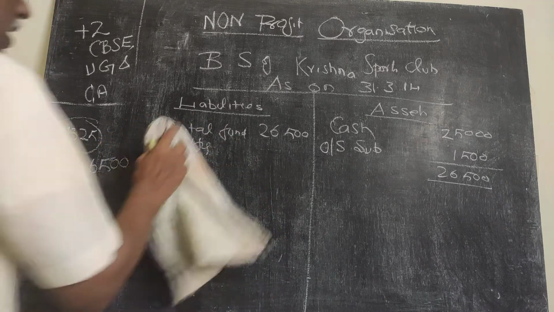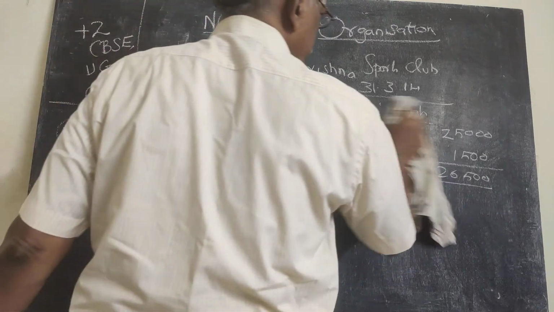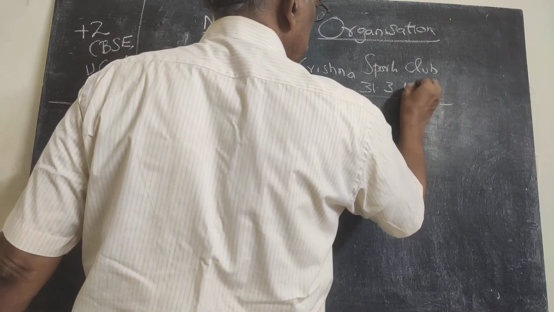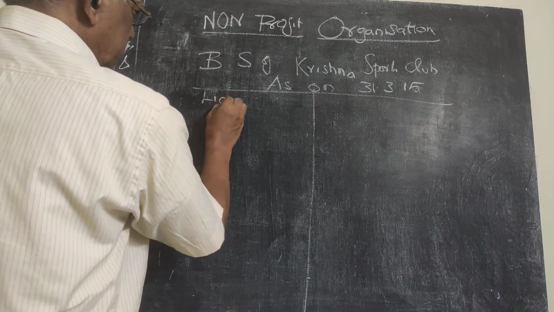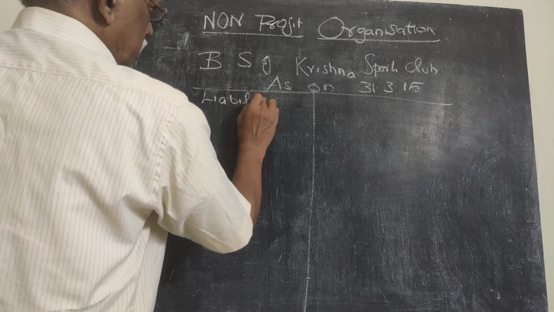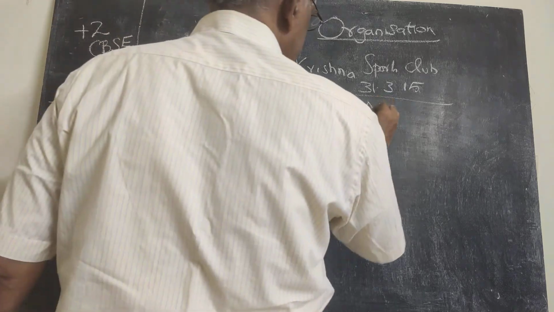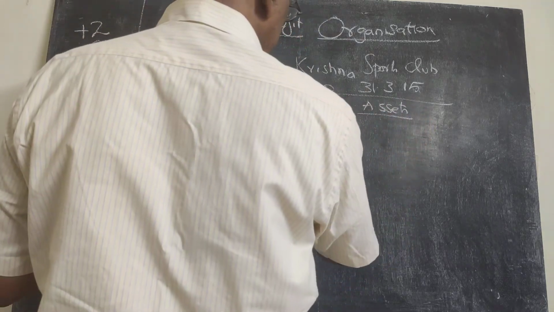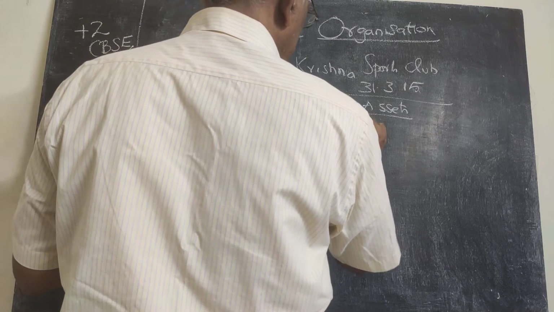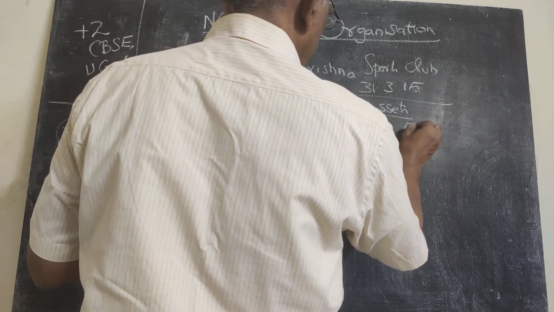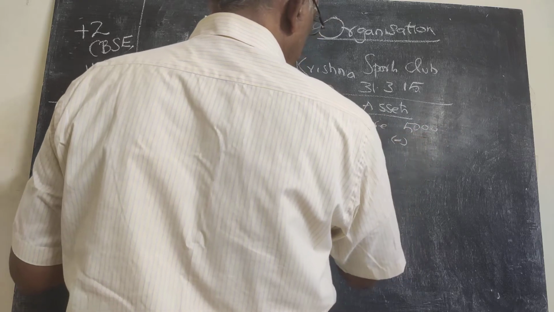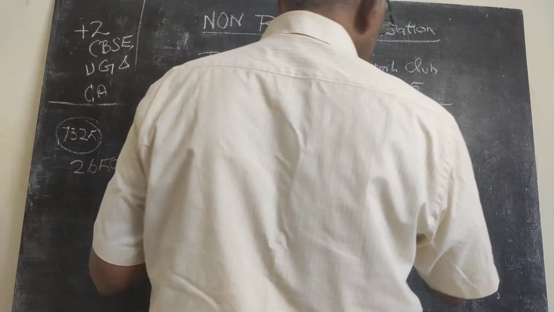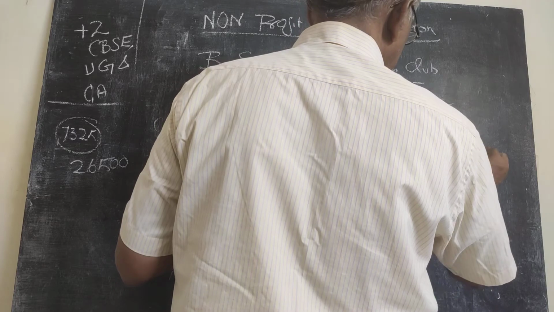Now let me go for this year balance sheet. Liability side, and assets. Furniture purchased during this year 5,000, and the depreciation made is 375 for 9 months, so 4,625.